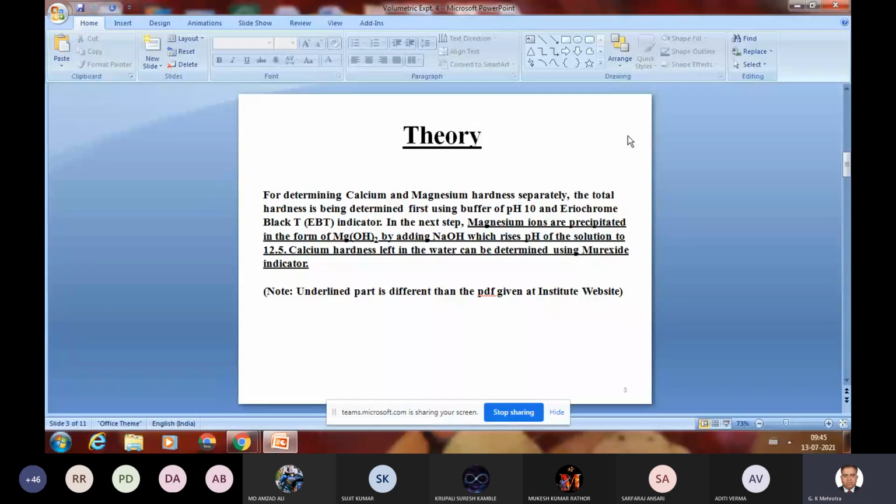Only at pH 10 does this color change occur. At pH 9, some other chemical species is present and another color is possible, and likewise at 11, 12, 13, 14. The intermediate forms of calcium and magnesium bound with EDTA in the presence of Eriochrome Black T are very confusing.